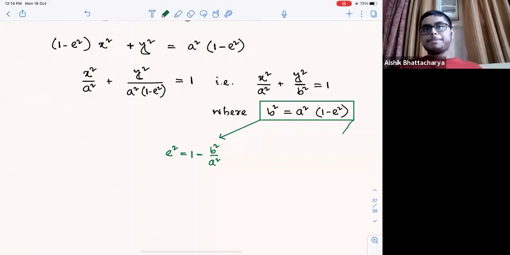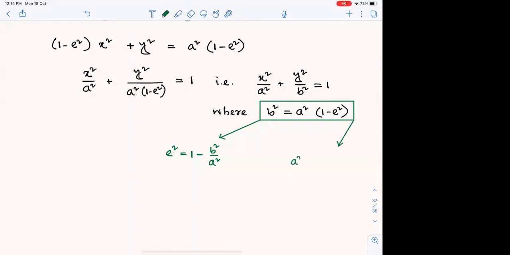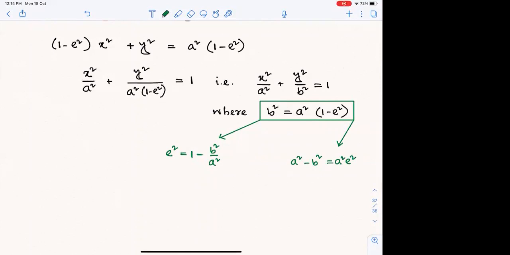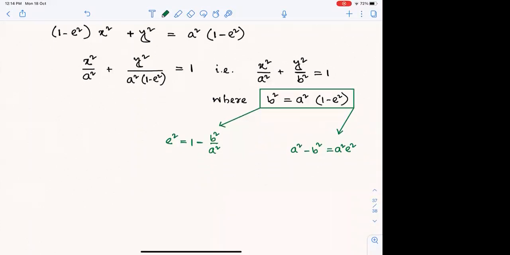We can also think of another outcome, that a square minus b square is a square e square. So that is also a possible way. We can have different times when we will be using it in some different form. All these formats should be very crystal clear to us and at our fingertips in terms of using these results.